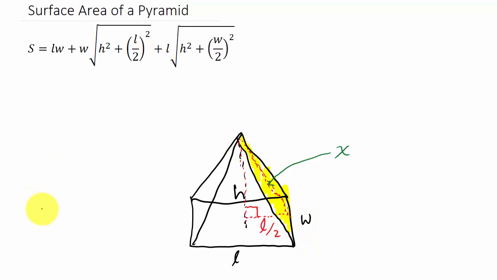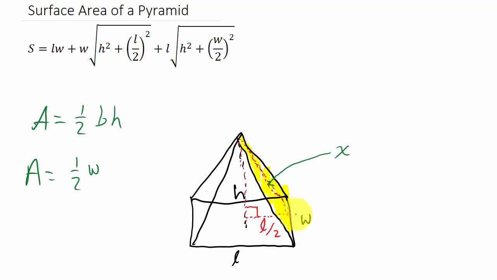Remember, the area is equal to 1/2 the base times the height. The base is w, so the area would equal 1/2 w times the height. Well, we need this height right here.